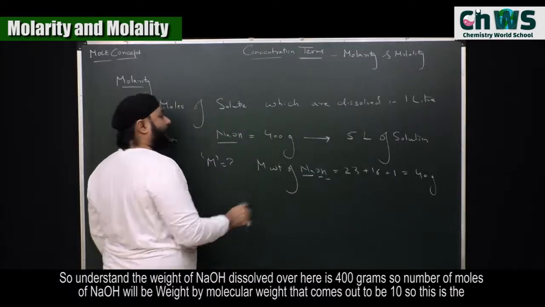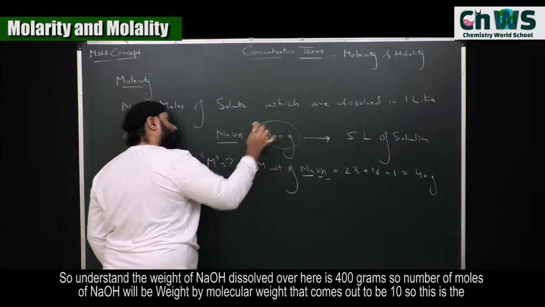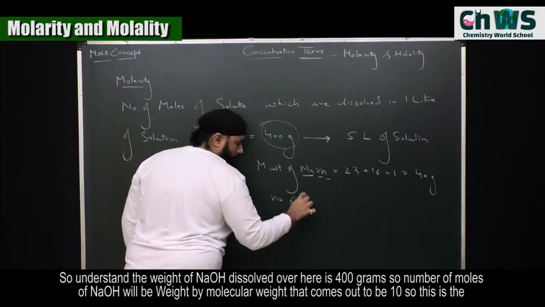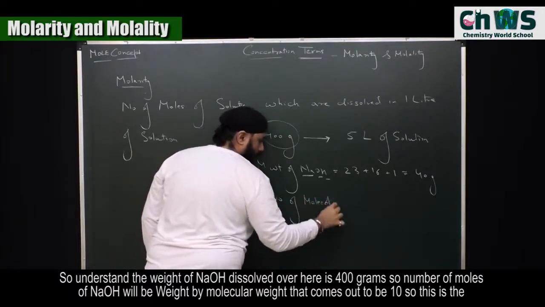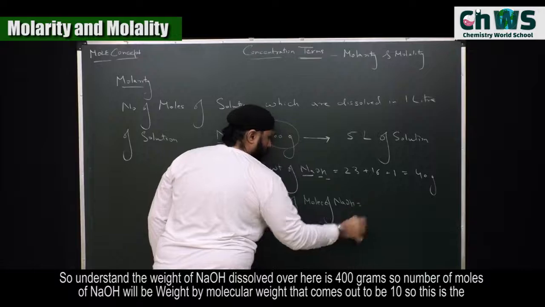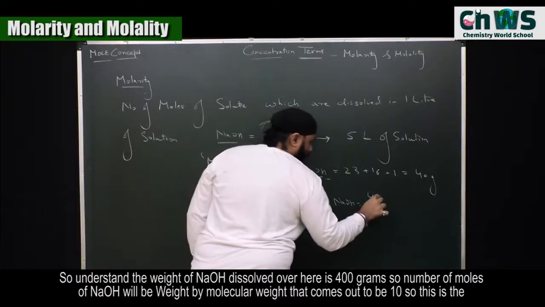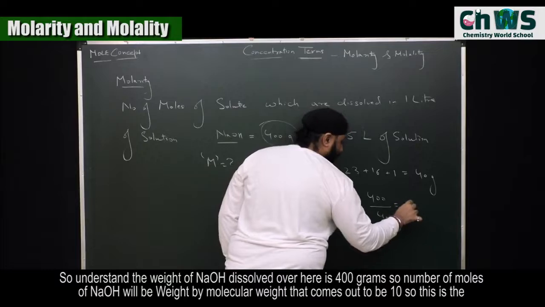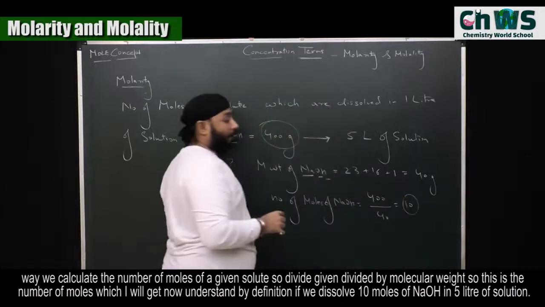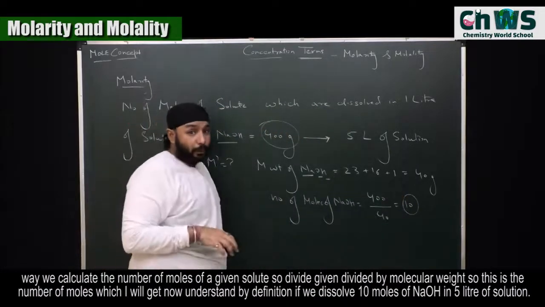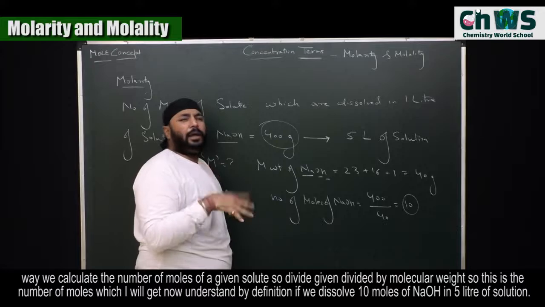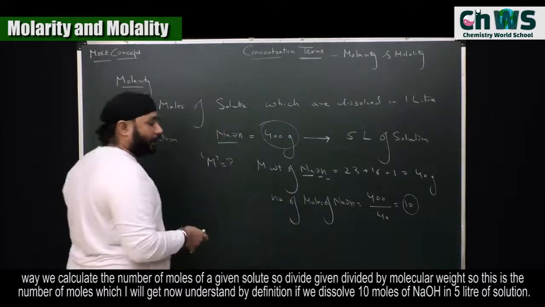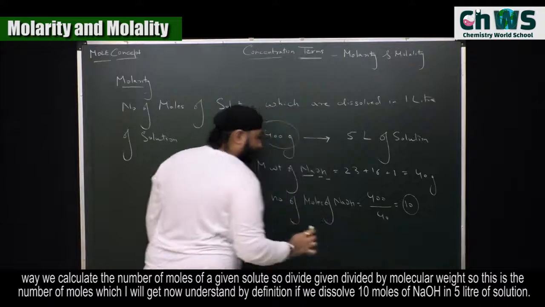So if the weight of NaOH dissolved here is 400 grams, the number of moles of NaOH will be weight divided by molecular weight. That comes out to be 10. This is the way we calculate the number of moles of a given solute: given weight divided by molecular weight.